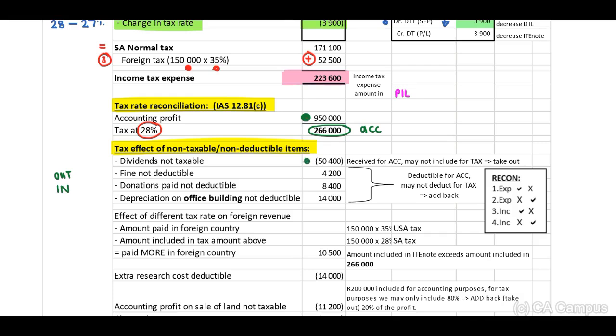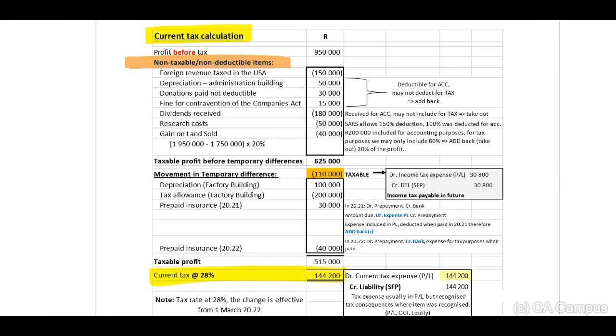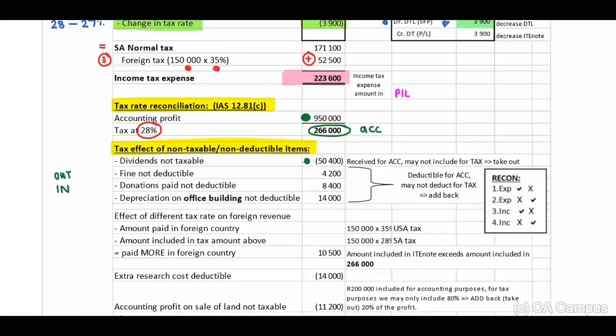Look at this, guys. Dividends not payable in terms of your current tax calculation is 180,000. Therefore, 180,000 times 28%, 50,400. Fine, not deductible. I think this was the 15,000 times 28%, 4,200.